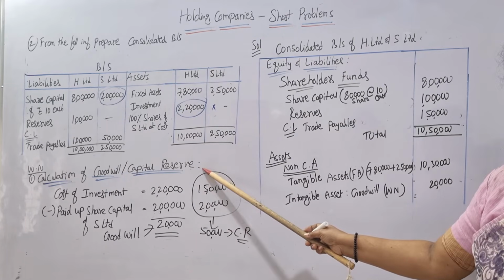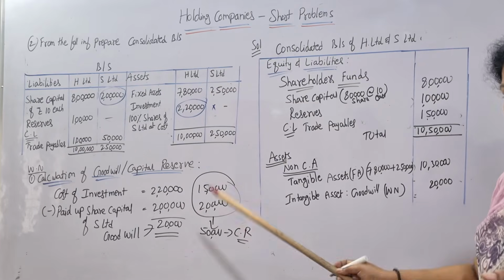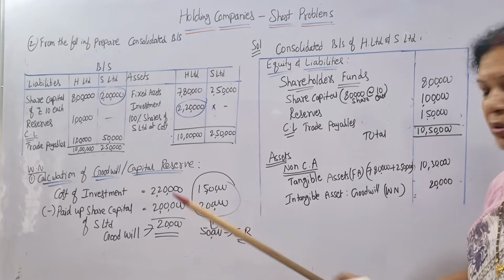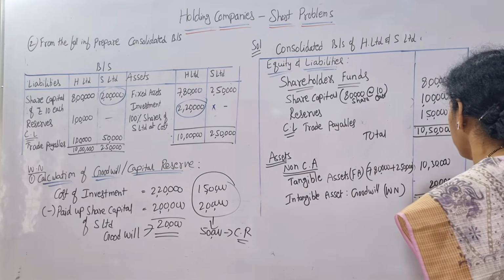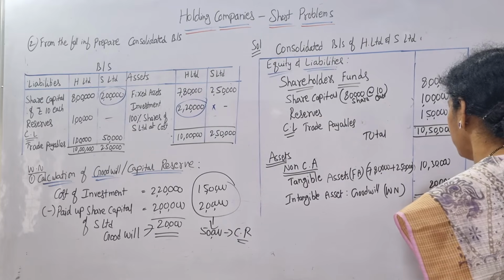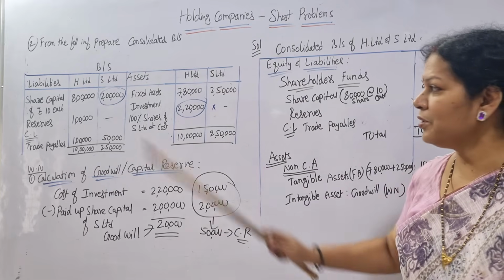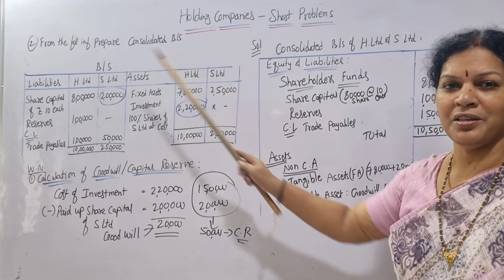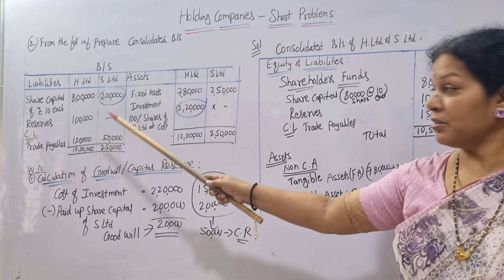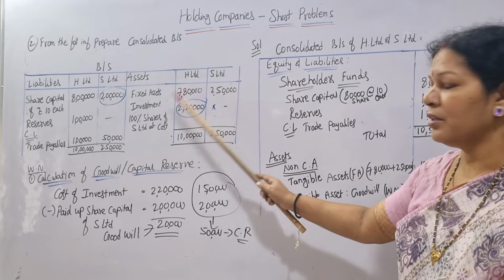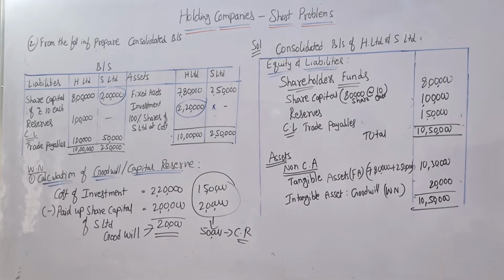Heading, calculation of goodwill or capital reserve, whatever you are going to get. So here we got goodwill. So this total, if you see, is 10,50,000. Both sides have tallied. Simple problem. But in this problem, you need to focus on the investment and share capital of the company. Okay, subsidiary, second company. So that is holding company and subsidiary company. Clear?